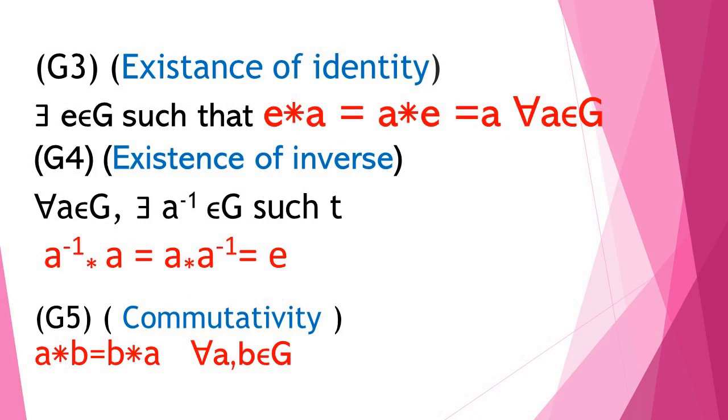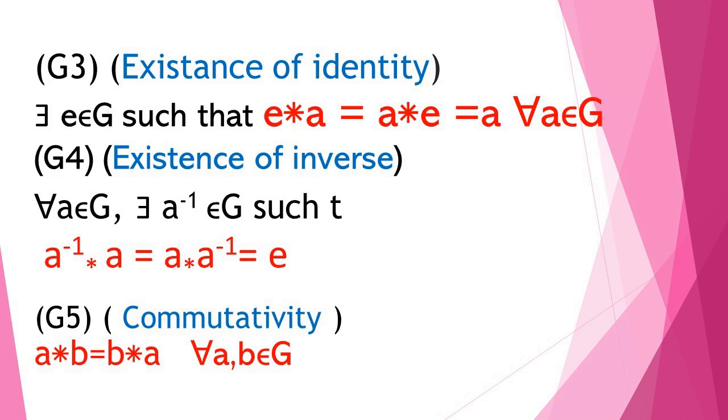There exists e belonging to G such that e star a is equal to a star e for all a belonging to G. That means there exists an element in that set G such that when we take the operation of that element e with any element of G, then it gives us the original element a. This is e star a is equal to a star e is equal to a.